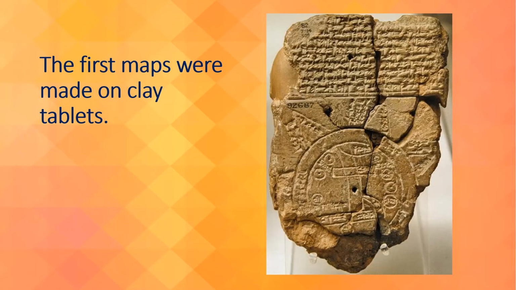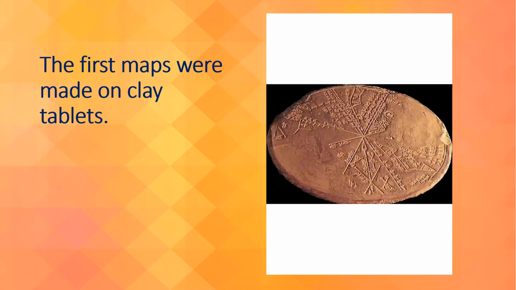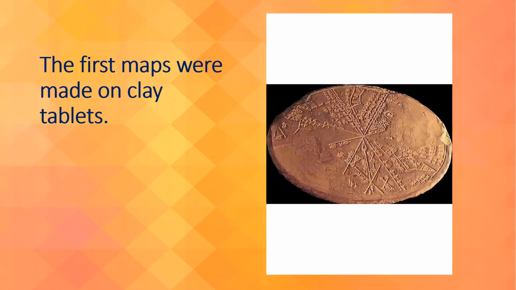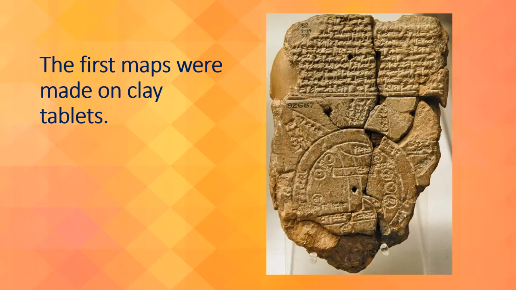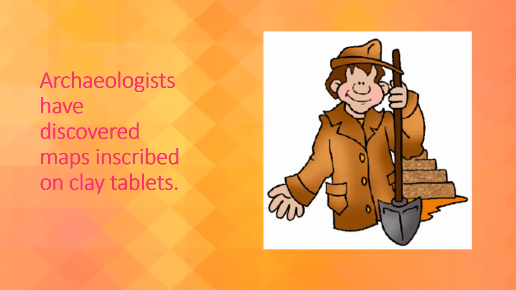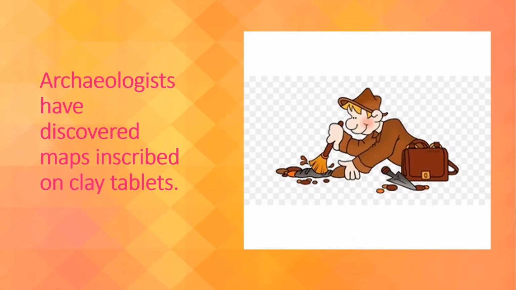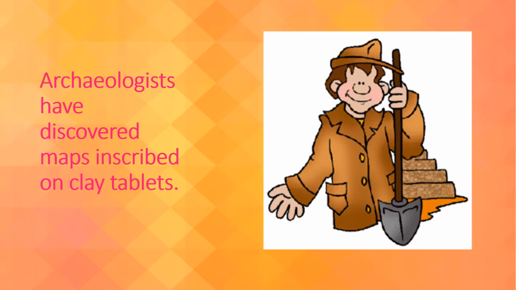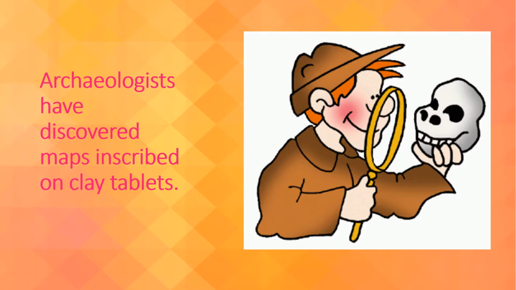The first maps were made on clay tablets. In the ancient days, people used clay tablets as a writing medium. Why? Because paper was not invented yet. So who discovered these clay tablets? The archaeologists. Archaeologists have discovered maps inscribed on clay tablets. Who is an archaeologist?